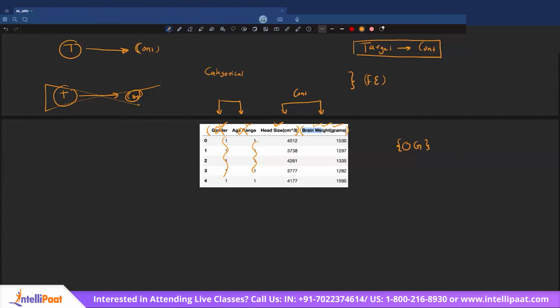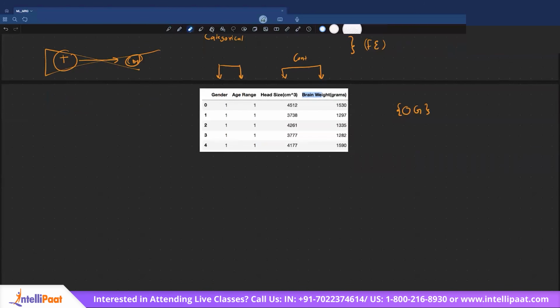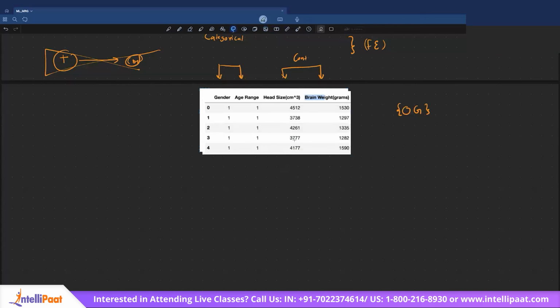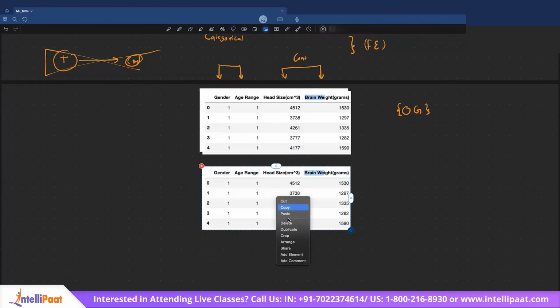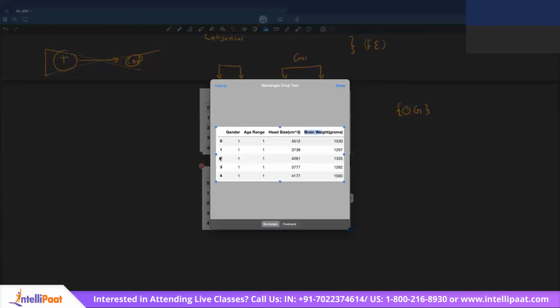First of all, I took something called gender. I took something called age. I got something called head size. I will be only using the data set from the original data set. I will take my original data set, which is this, and duplicate it, come to the bottom. And I am going to remove these two columns, age and gender.